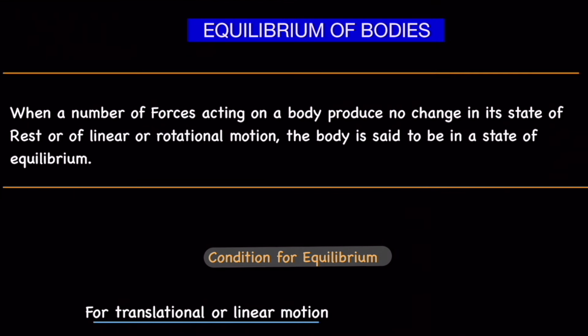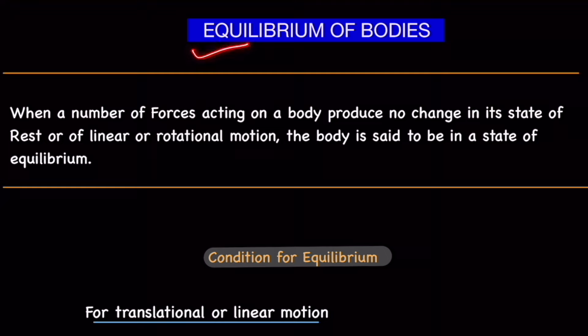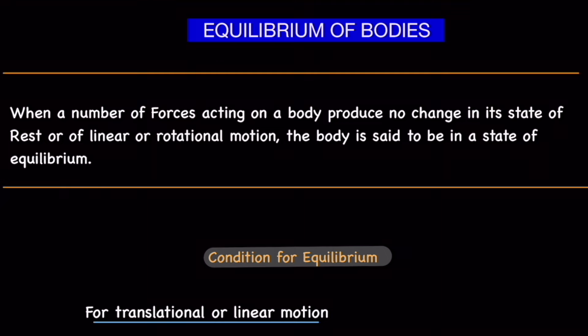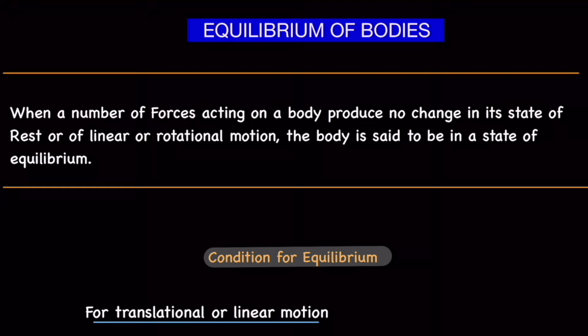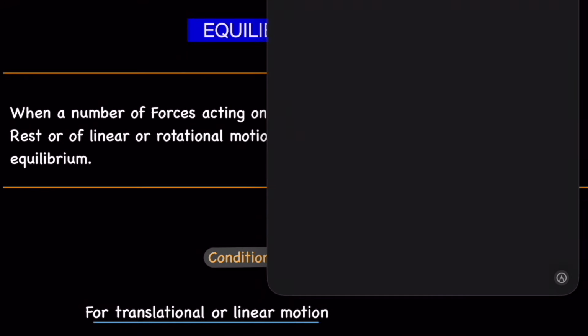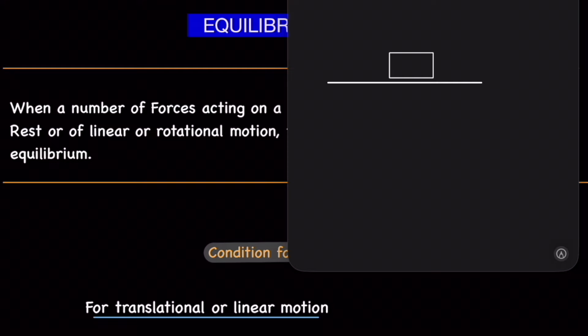Now we'll start our third topic, which is equilibrium of a body. So equilibrium is only possible when no net force is acting on the body or no net moment of force is acting on the body. If I explain to you in simple language, as you see here, if we apply the force F, then the position of the body will change.